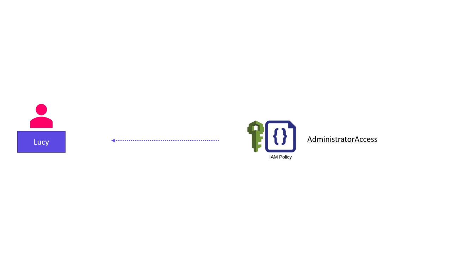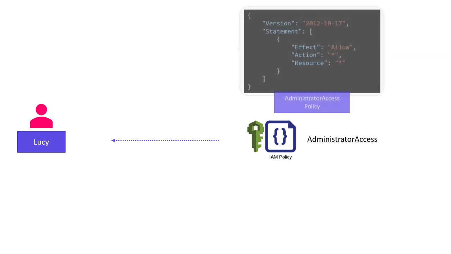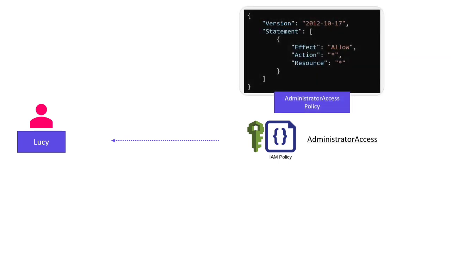This policy, along with several others, are managed by AWS and are available to use when creating a user. An IAM policy is defined in a JSON format. If we inspect the JSON document of this policy from the AWS console, we can see that it's a simple JSON document that defines the permissions granted by the policy.